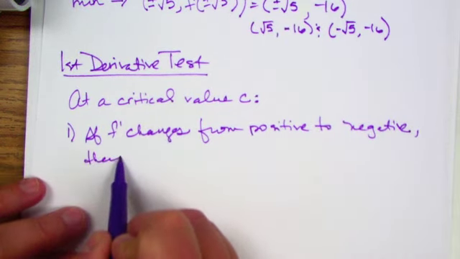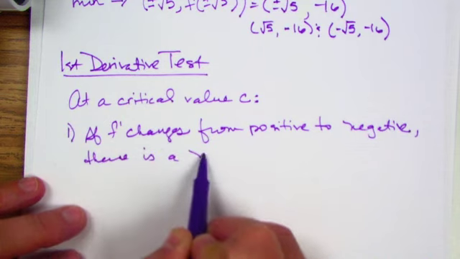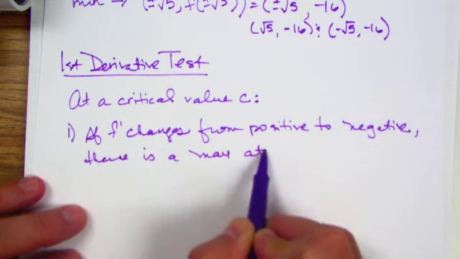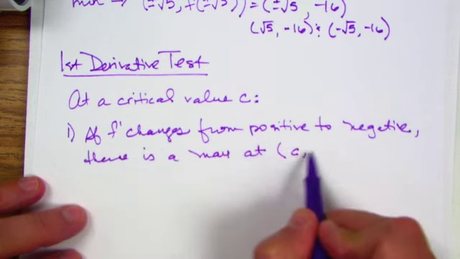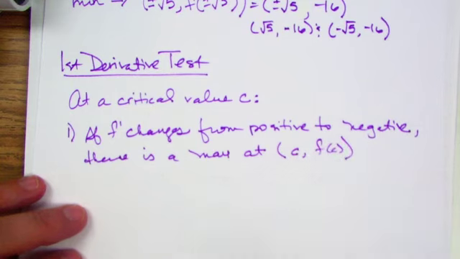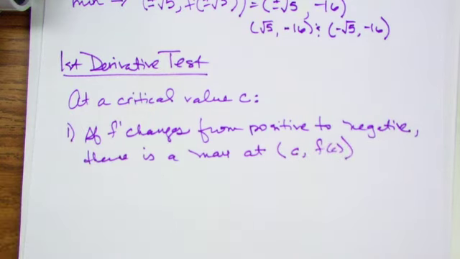There is a max at C, f of C. Does that make sense to everybody?